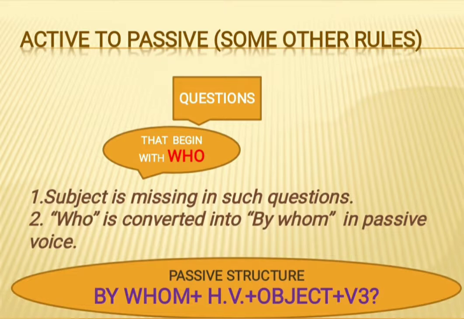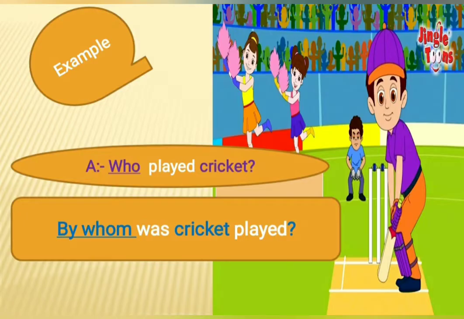Let's understand it with the help of the example. If in active voice it is written who played cricket, while converting from active to passive, you will change who into by whom.